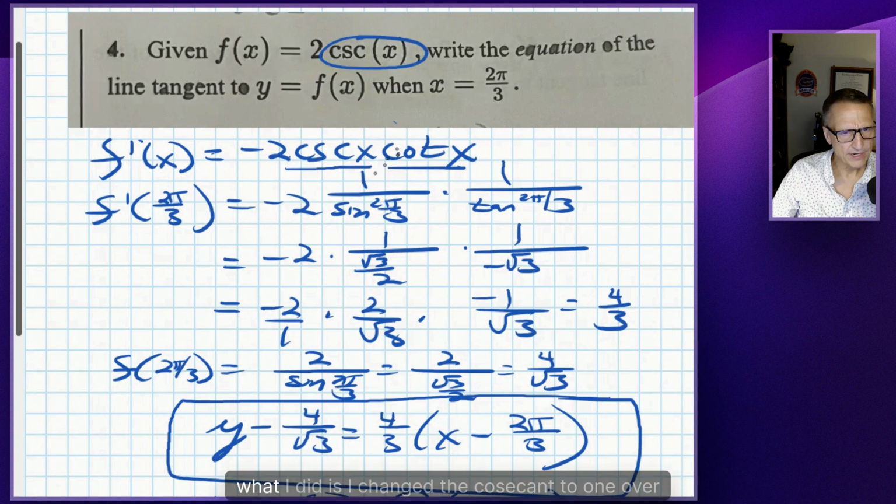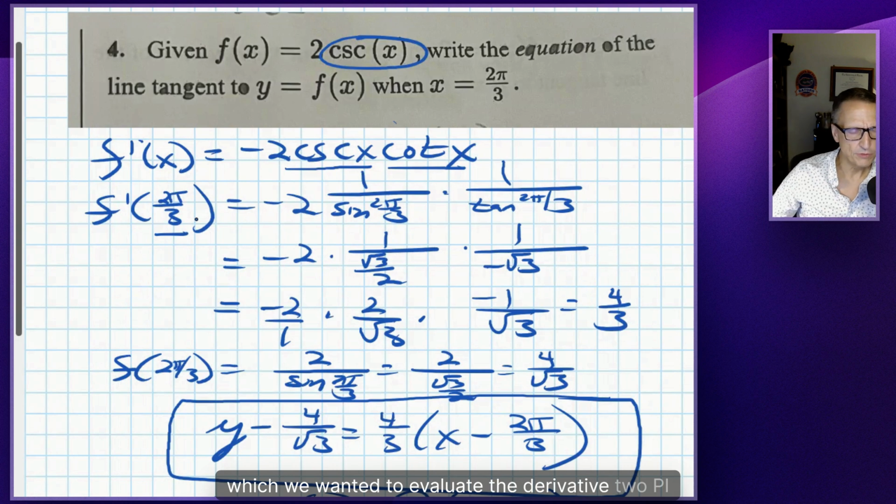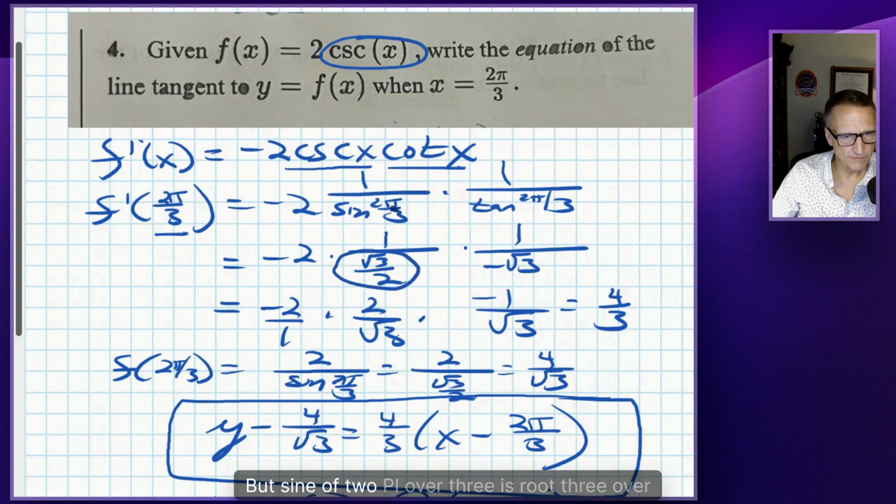Therefore, what I did is I changed the cosecant to 1 over sine, and then I changed the cotangent to 1 over tangent. I plugged in the x value at which we wanted to evaluate the derivative, 2 pi over 3. And I think this is where maybe things went dark last night. But sine of 2 pi over 3 is root 3 over 2.